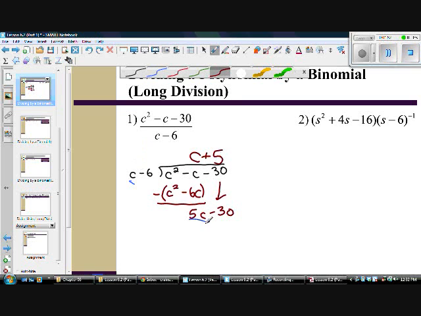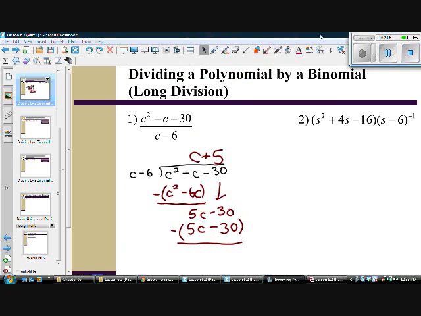Distribute 5 times c is 5c, and 5 times negative 6 is negative 30. Subtract that entire expression. 5c minus 5c is 0. Negative 30 minus negative 30 is 0 as well.